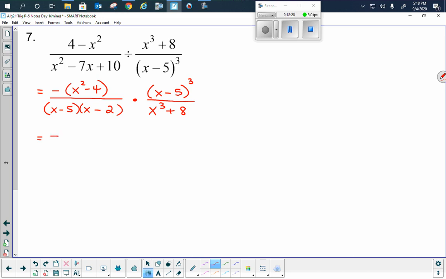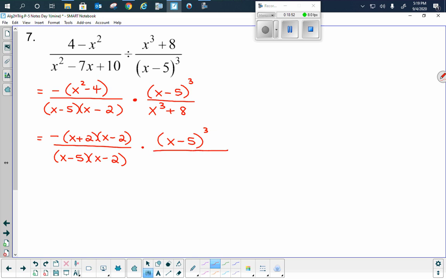You should see that as difference of perfect squares. So x plus 2 times x minus 2. The denominator staying the same, x minus 5, x minus 2, times, hopefully you now see this as just there are 3 of these. Okay, but it's already factored. And then hopefully you recognize the bottom as sum of perfect cubes.